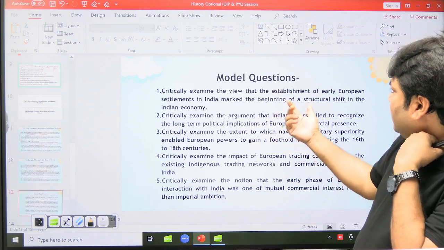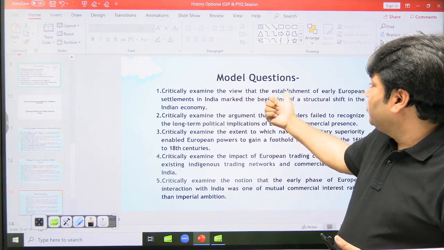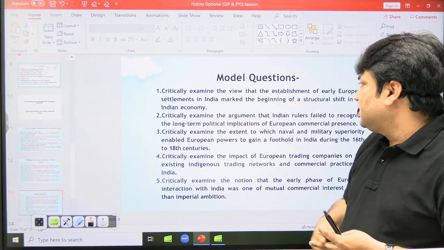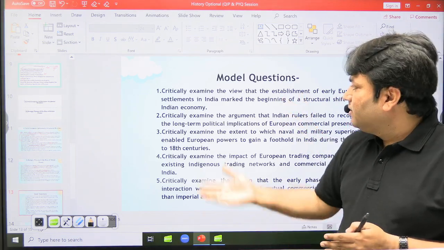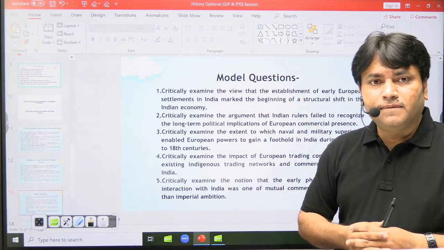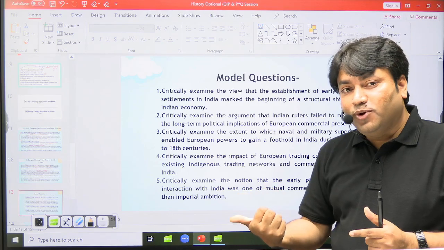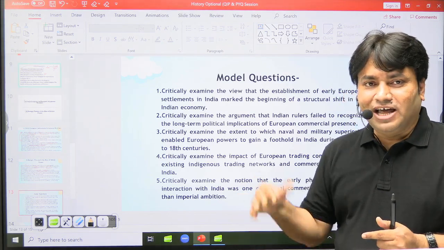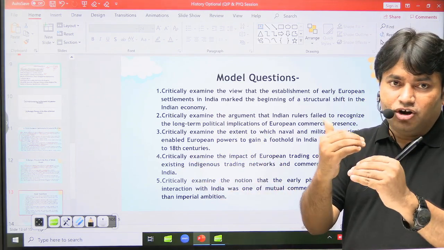For example, in these model questions, the first question is critically examining the view that the establishment of early European settlements in India marked the beginning of a structural shift in the Indian economy, right? Was it a structural shift in the Indian economy only? No. So in the answer you will highlight that it was not a structural shift in the Indian economy only.